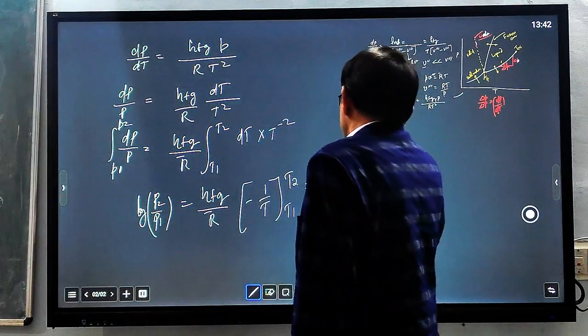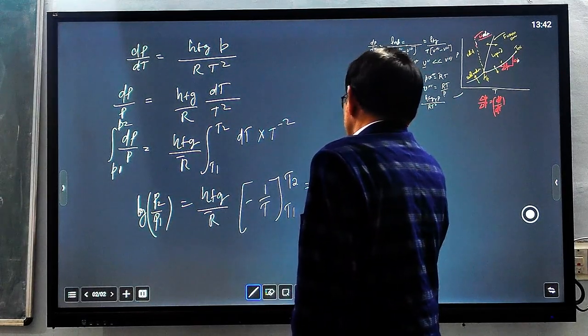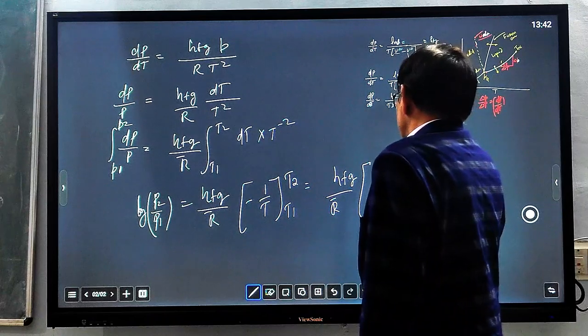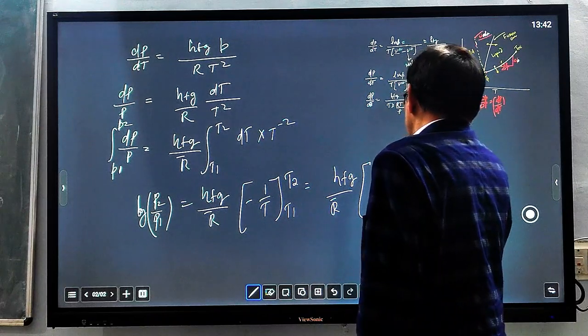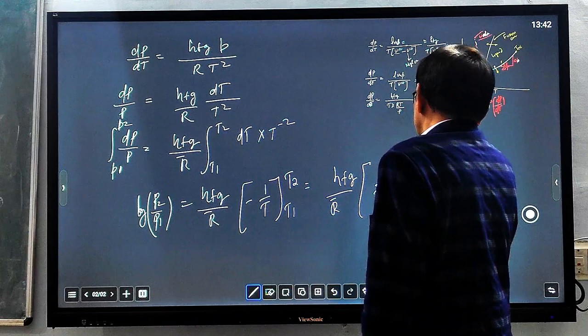That is equal to HFG upon R times 1 upon T1 minus 1 upon T2.